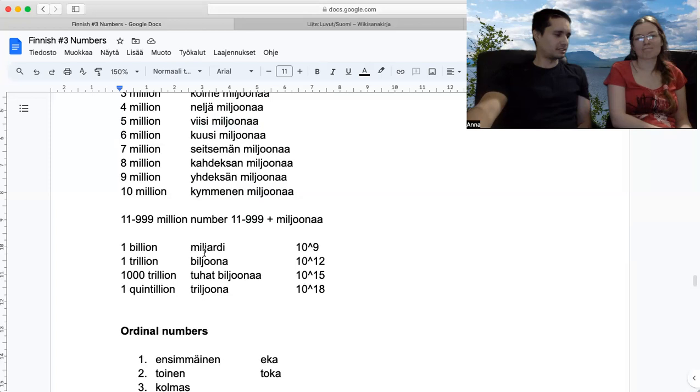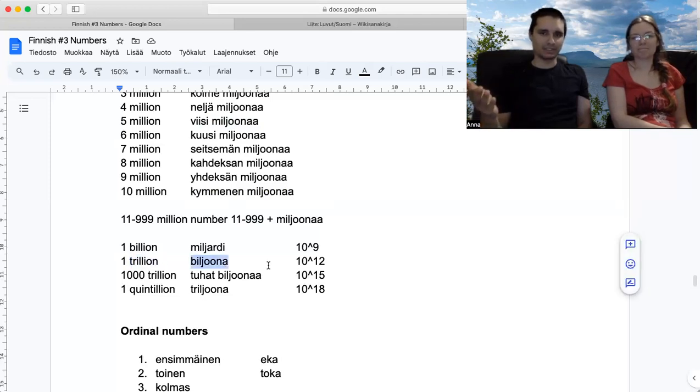Also for native Finns, it's a bit confusing because we consume a lot of news media from English-speaking countries, UK, USA, mostly America, and they have different numbers. So 1 billion is actually miljardi. And 1 trillion, that's biljoona.